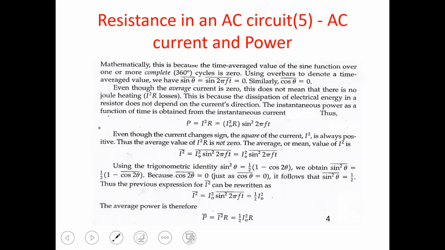So when we are talking about power, electric power, I squared R. This is the only formula I have in my head. When you talk about power, power is equal to IV.